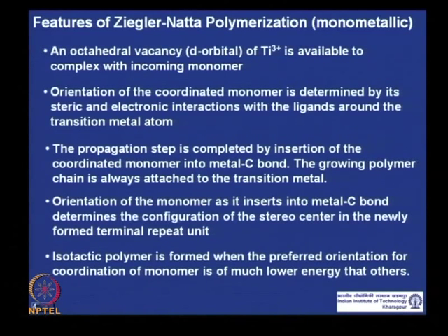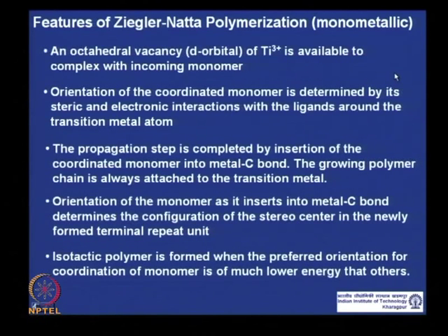Now, let us discuss a few features of Ziegler-Natta polymerization, the monometallic mechanism we just talked about. Let me just summarize the features one more time. This is an important mechanism.